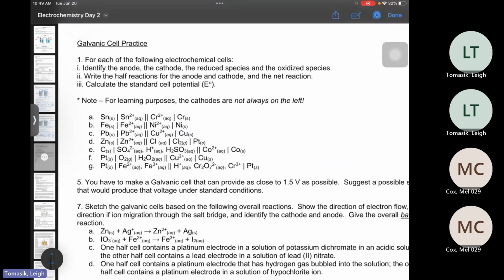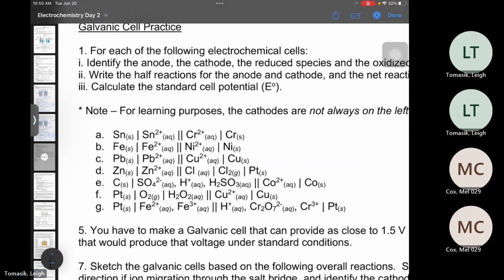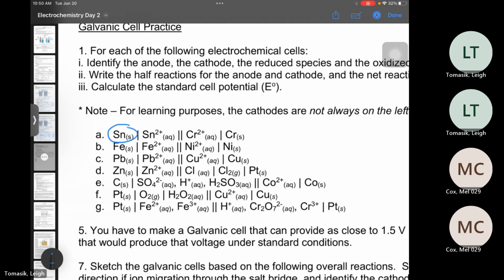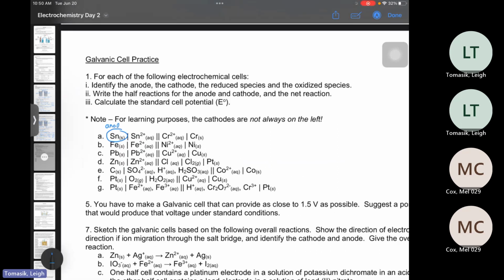It says for each of the following electrochemical cells, identify the anode, the cathode, the reduced species, and the oxidized species, right? It says for learning purposes, the cathodes are not always on the left.